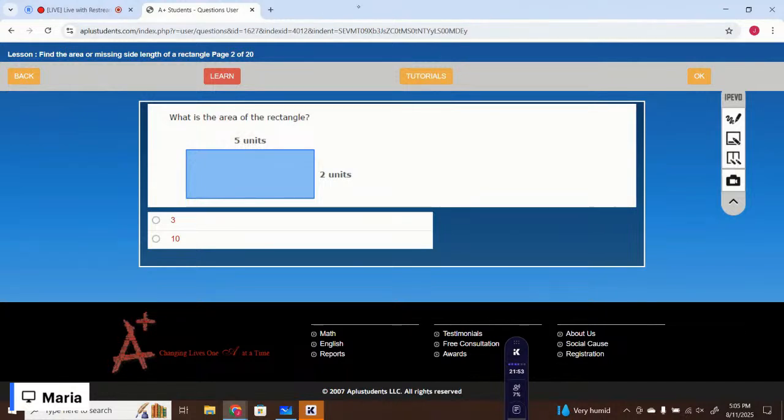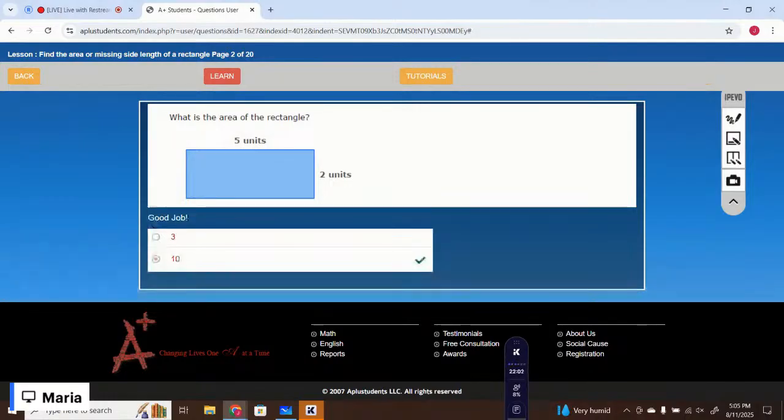What is the area of the rectangle? The area of a rectangle is length times width. That is 5 times 2 is 10. Option 2 is the correct option.